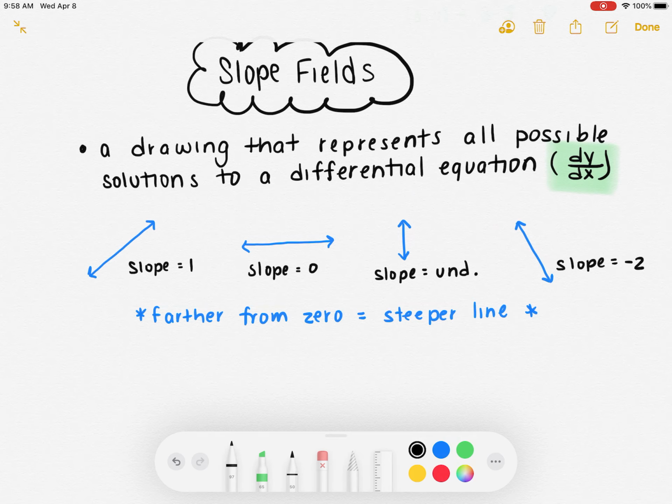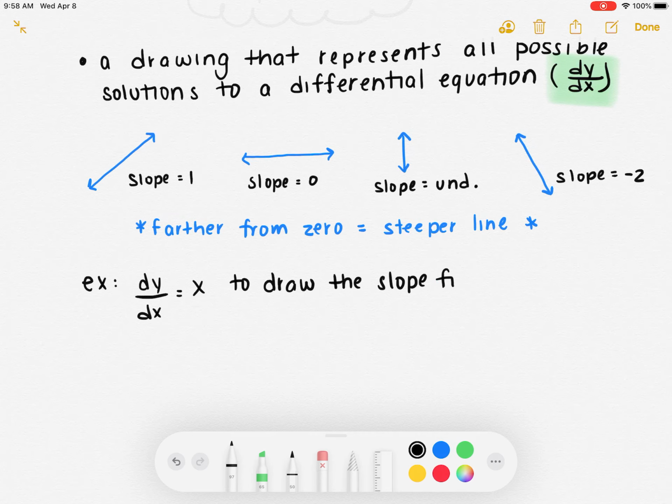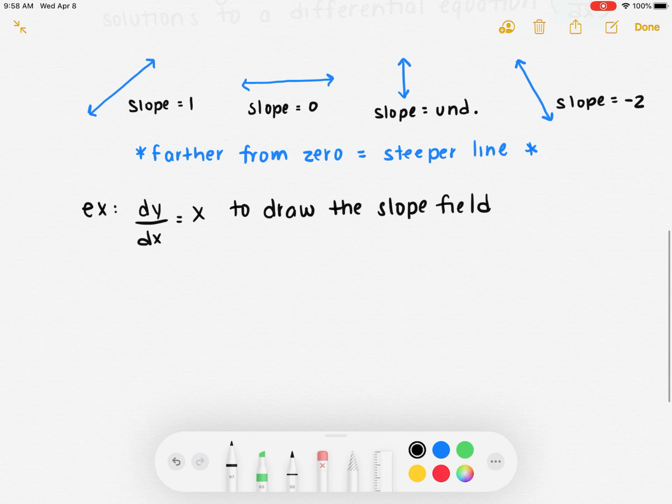So I can give you something, for example, we could have dy dx equals x, and they can ask us to draw the slope field. Normally, if they are asking us to draw the slope field, they'll also give us specific points to draw it at.